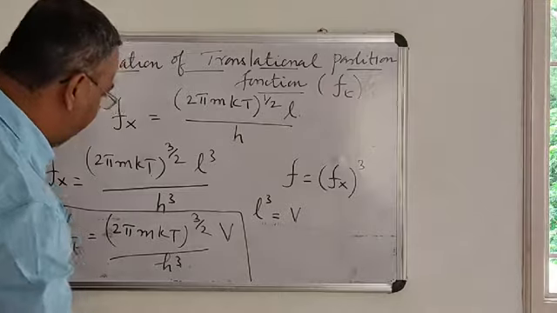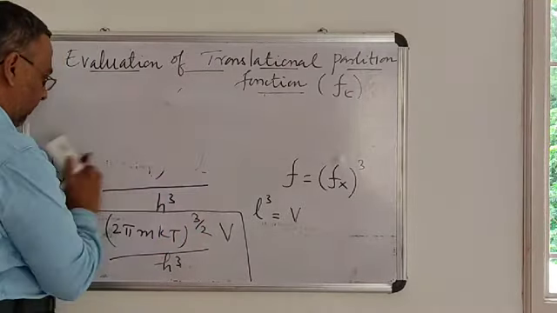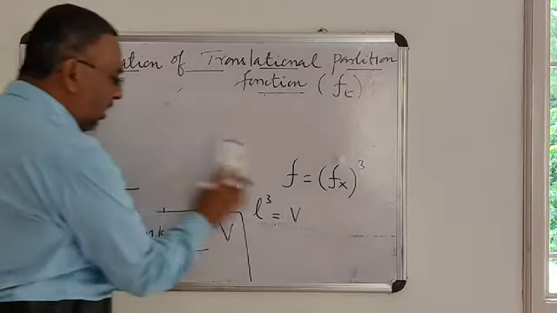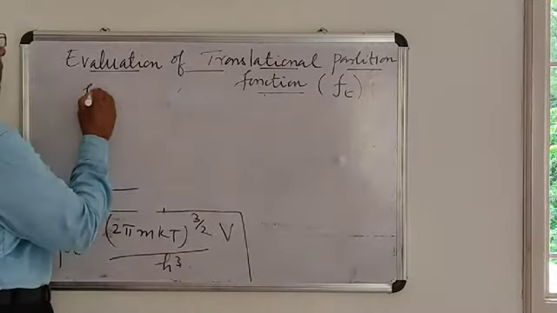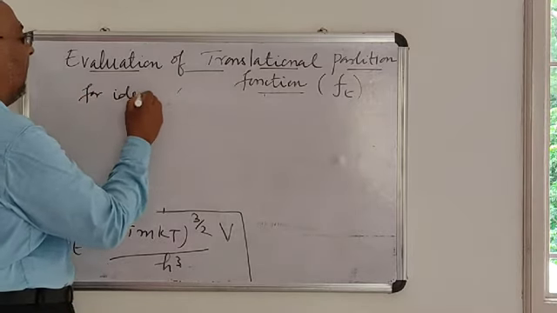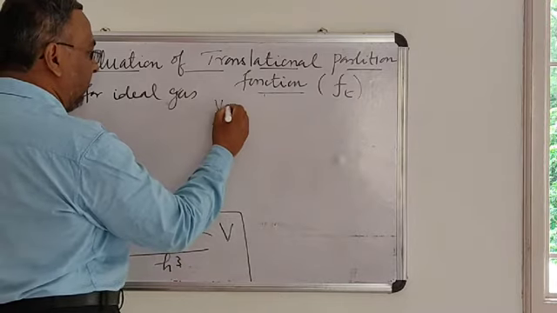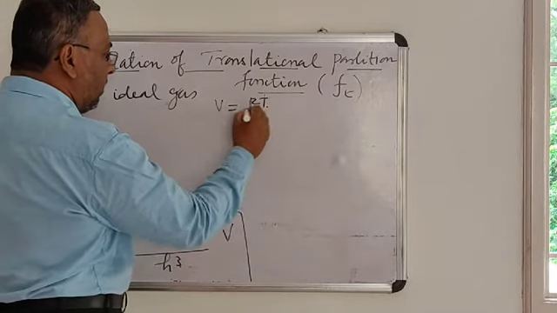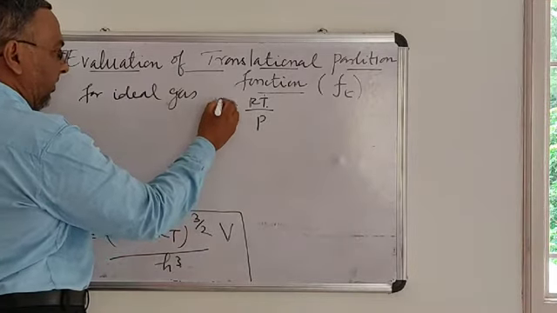Now let us consider if this is applicable for ideal gases. For ideal gases, the volume of a gas is V is equal to RT by P, because PV is equal to RT, the ideal gas equation.